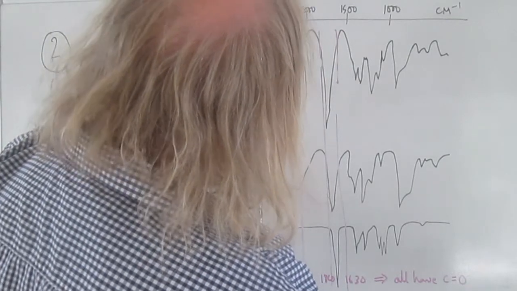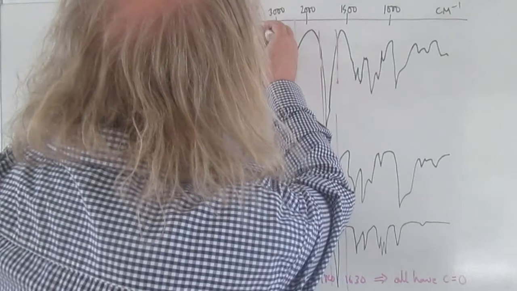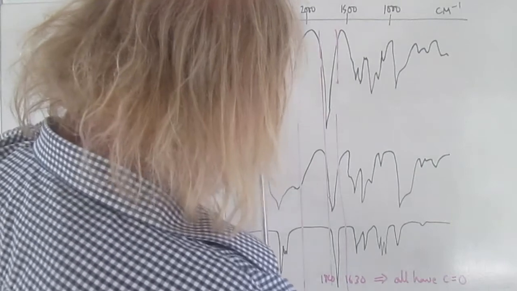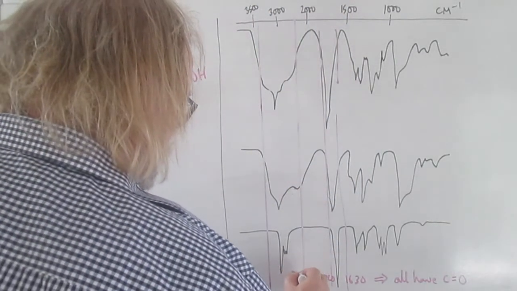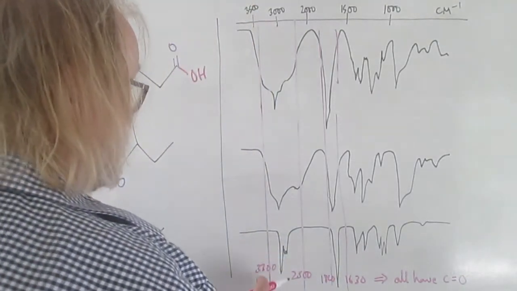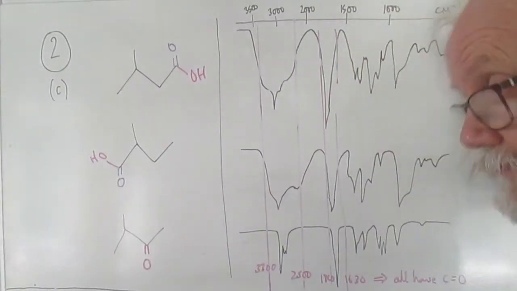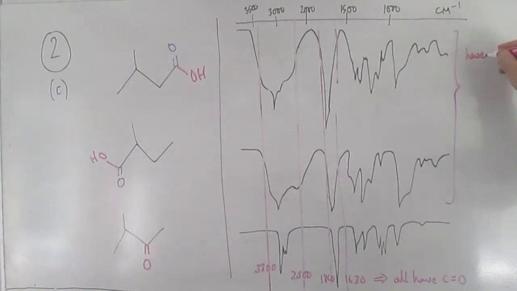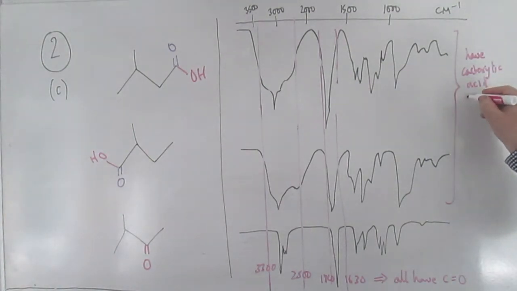And here's your 3,300, sort of here. And you say, right, 2,500 to 3,300 means that these top two have carboxylic acid OH. Don't say a carboxylic acid peak, because they want to know which specific bond it is. Have a carboxylic acid OH, 2,500 to 3,300 wave numbers.